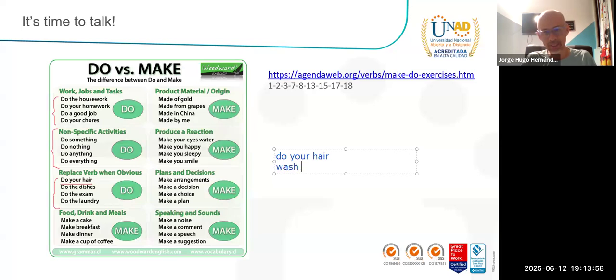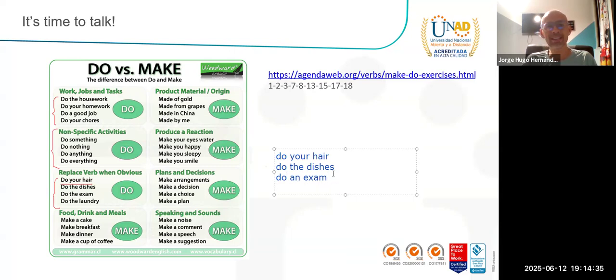You wash the dishes, and that's obvious, no? So you can replace wash, because it's very obvious, with do. You can take an exam, or you can present an exam. But if you don't want to use the verb present because it's very obvious, or you have already used this verb previously, you can say do an exam. Okay.